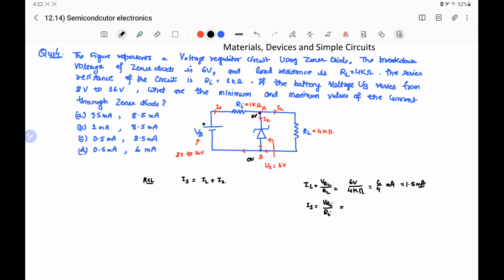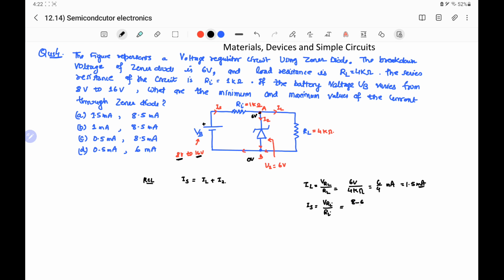And this battery has a voltage from 8 volt to 16 volt, so the positive terminal has the range from 8 volt to 16 volt. So according to this, source current will be equal to 8 minus 6.